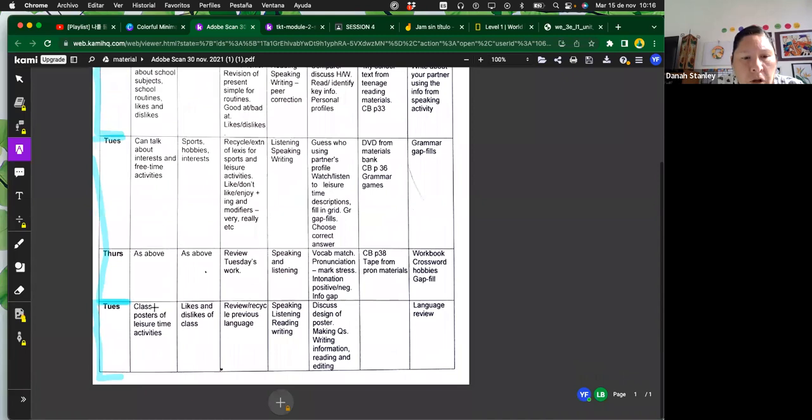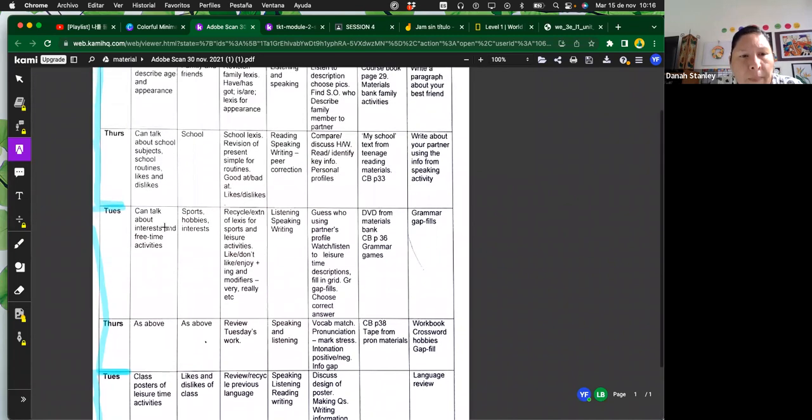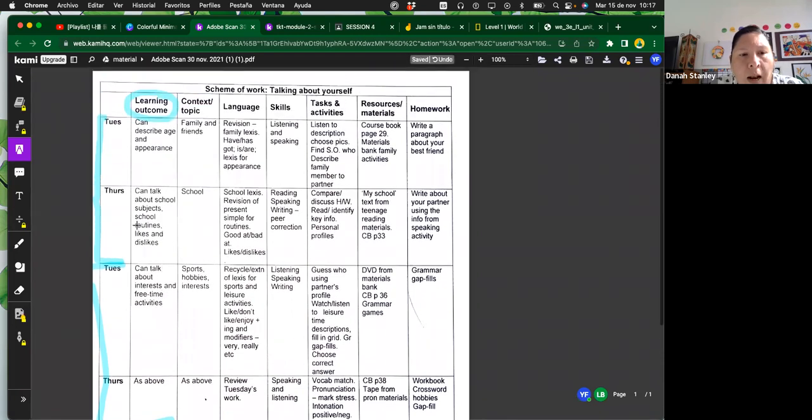Poster with leisure time activities, likes and dislikes of the class. Entonces, in here I have this one. Talk about interest, free time activities, vocabulary, sports, hobbies, and interest. Because at the end they are going to make posters using this vocabulary. Luego, likes and dislikes. To present this, I'm going to use the context of the school.